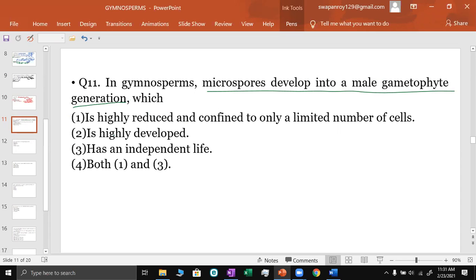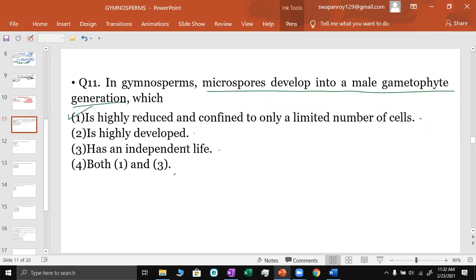Which one is correct: it is highly reduced and confined to only a limited number of cells; is highly developed; has an independent life; both 1 and 3? Which one will be correct? Option 1, sir. Yes, it is option 1.